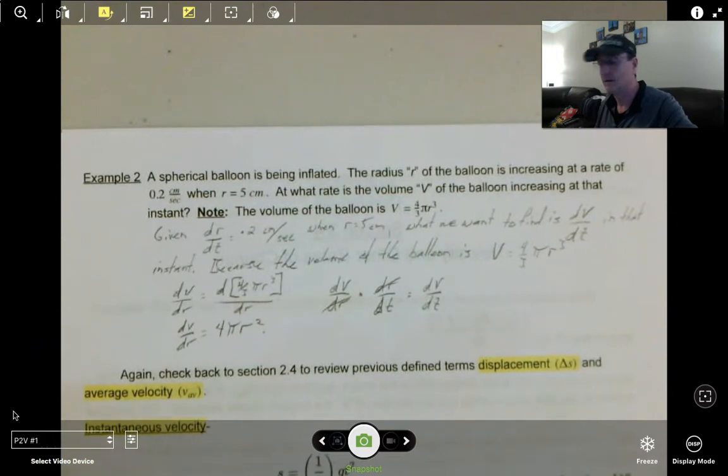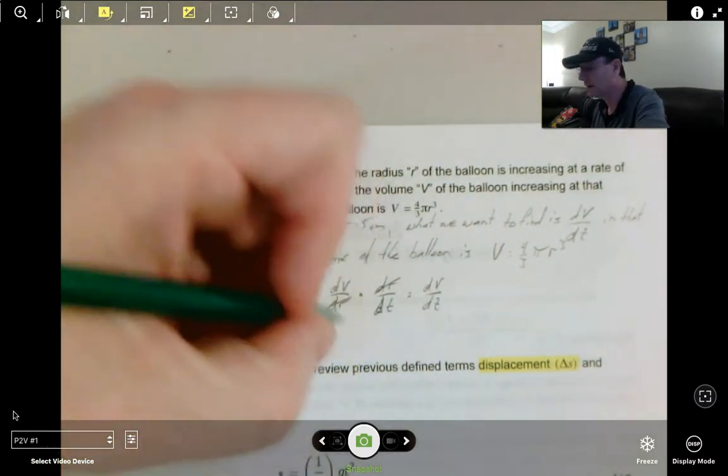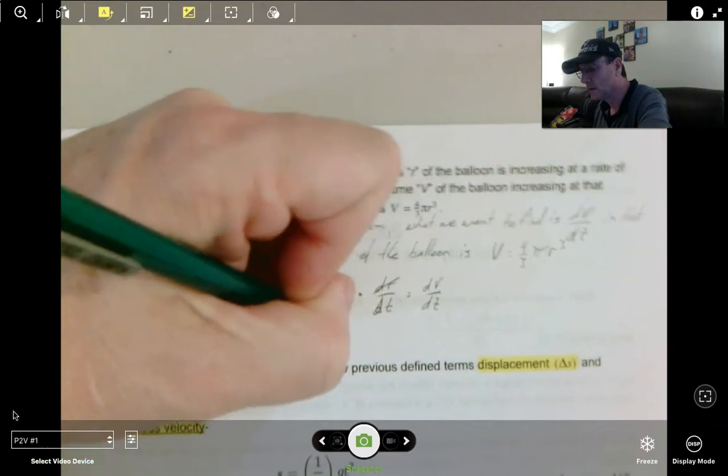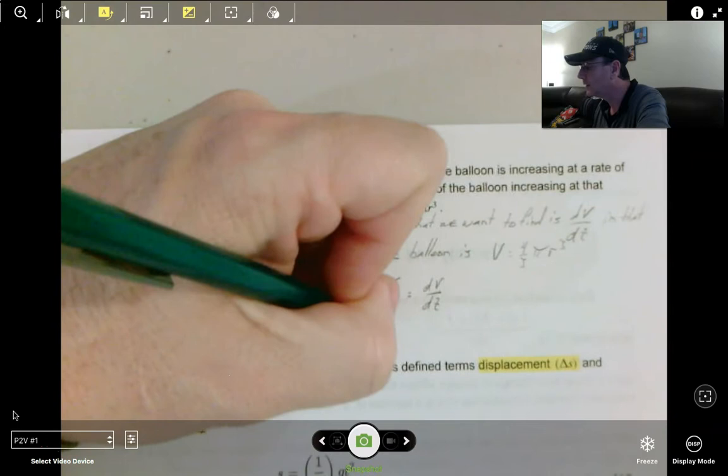It's a much more advanced concept that we're going to use later on this term. So what do we have here? We really have 4 pi r squared times 0.2.